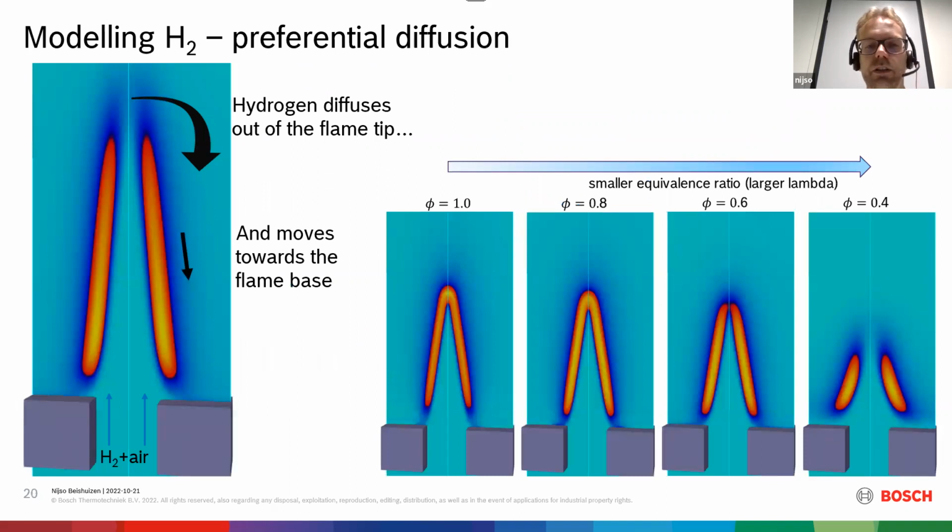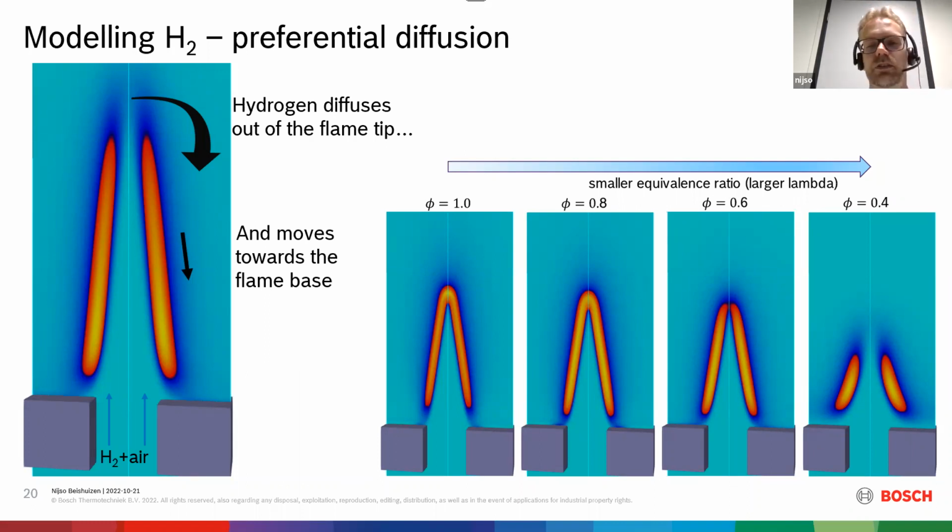Now, if we want to model hydrogen, then we need to do a little bit more effort, because hydrogen burns a little bit differently compared to methane flames. A very important physical phenomenon that needs to be modeled is preferential diffusion.